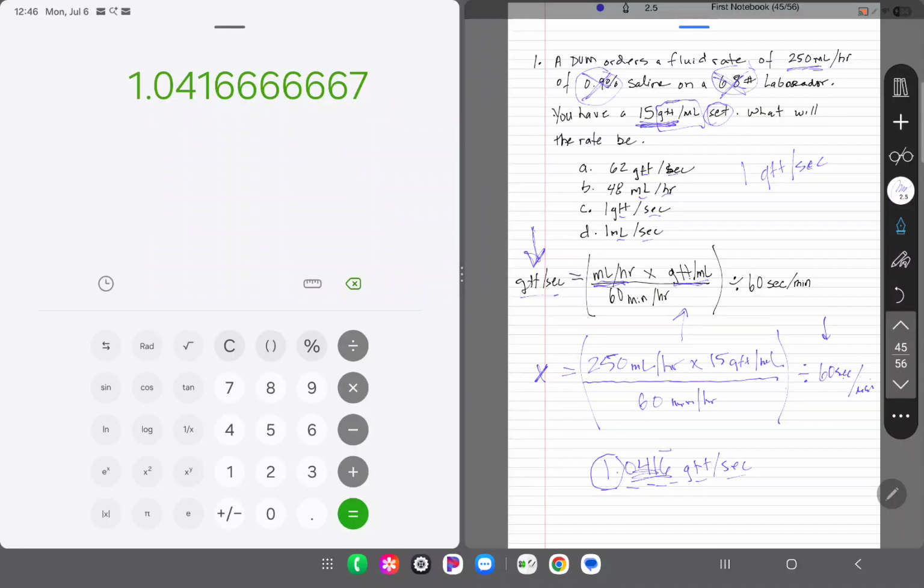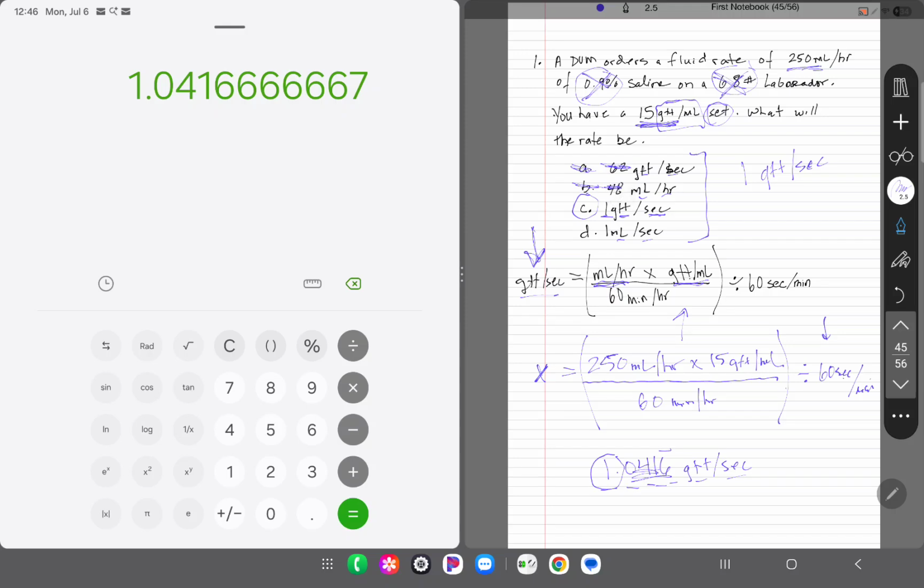Fabulous. Now we look and see which one of these is the answer. 1 is not 62. A is not the answer. 1 is not 48. That is not the answer. Here's 1, and it has the right units. Drips per second. Okay, fabulous. So that's probably the answer. But don't stop there. These questions are meant to trip you up.